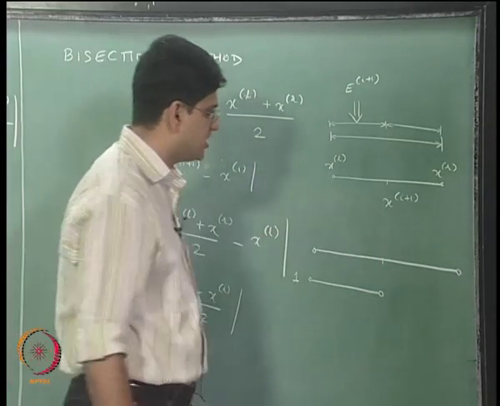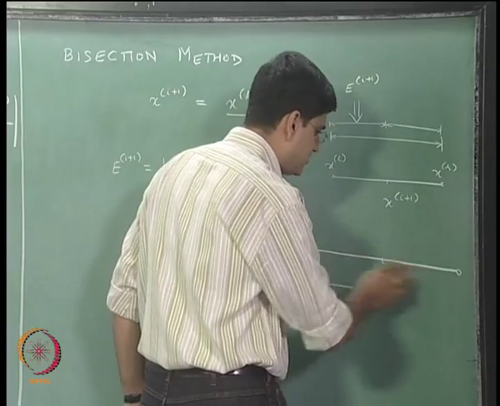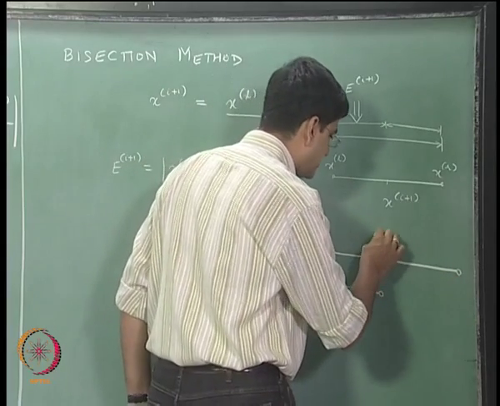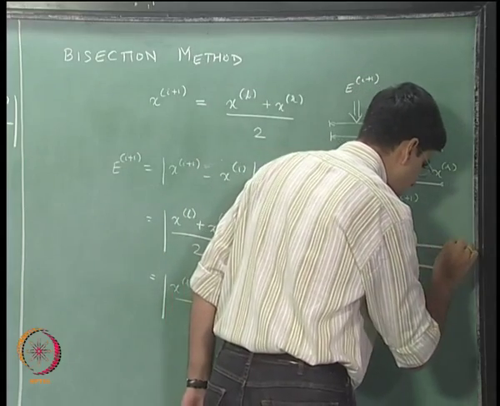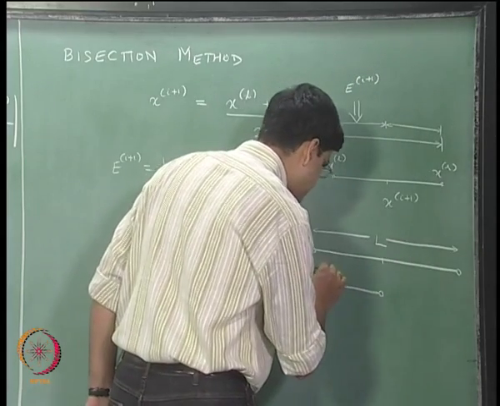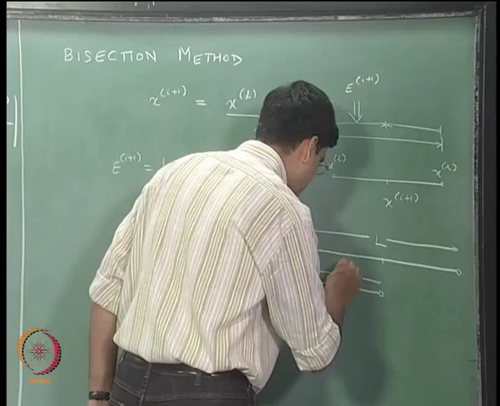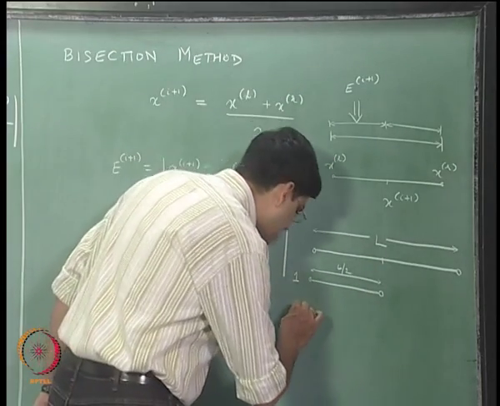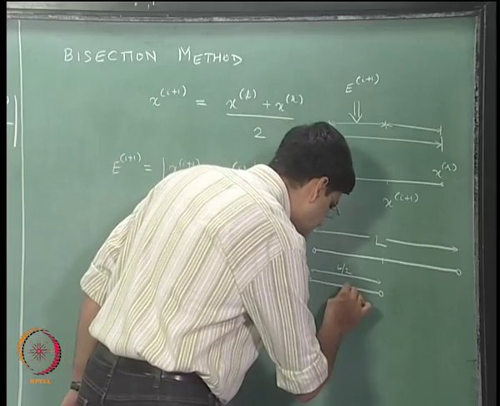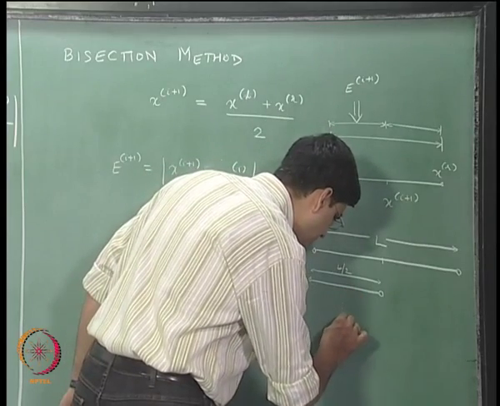Let us just consider that initially the difference xl minus xr that we started with was L. After the first iteration, this length became L by 2. Now in the second iteration, we get our x3 as again the midpoint over here.